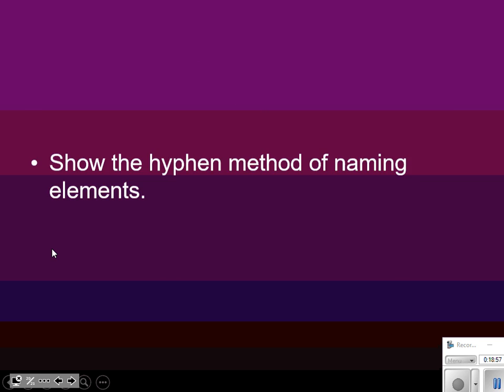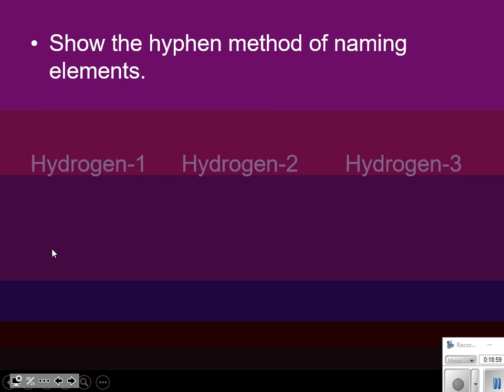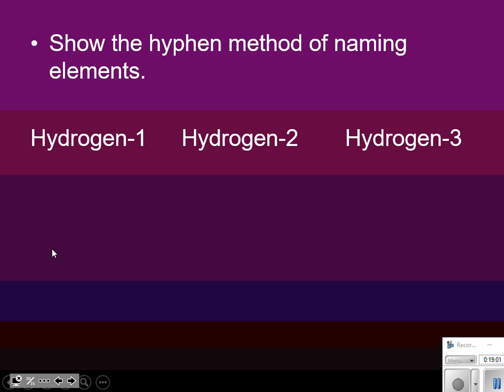So if we look at hydrogen 1, hydrogen 2, hydrogen 3, and this is just an interesting side note here, you'll see things written like this. Probably one of the more common ones you've heard of: have you ever heard of carbon-14 as opposed to carbon-12? 2 different isotopes.